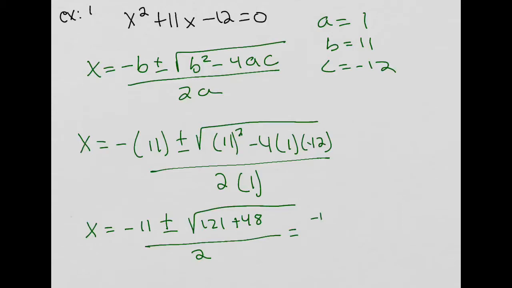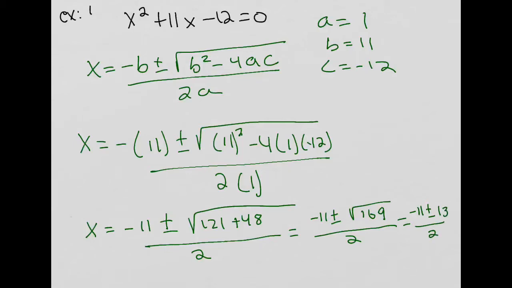So then we have negative 11 plus or minus the square root of 121 plus 48. Is it a perfect square? 121 plus 48 is 169. Yes, that would be a perfect square, over 2. So then we have negative 11 plus or minus the square root of 169, which is 13, over 2.